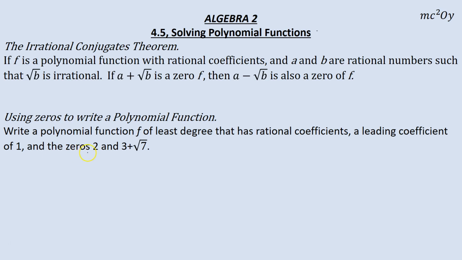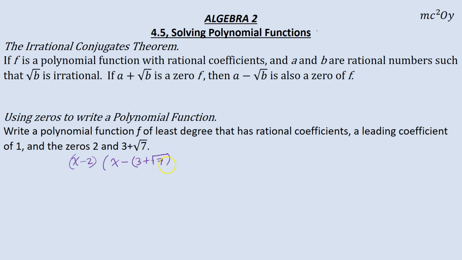But my zeros, they're saying it has a 0 of 2. And remember, if something has a 0 of 2, that means in factor form that would be x minus 2, because x minus 2 when set equal to 0 would give me an answer of 2. And 3 plus root 7, well, how do we write that? Well, that means x minus 3 plus root 7.